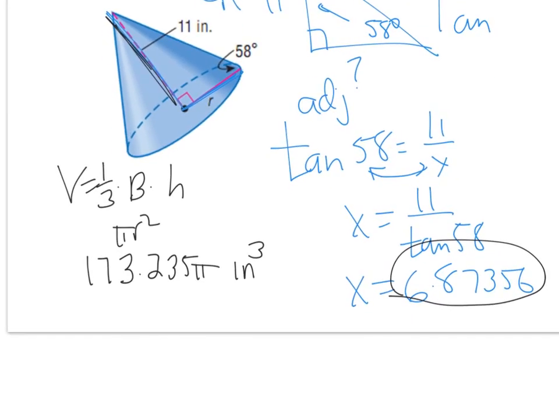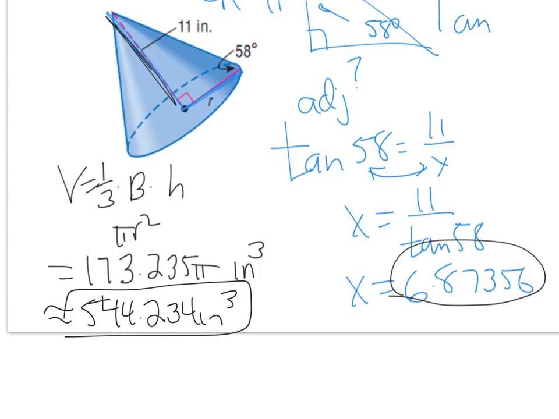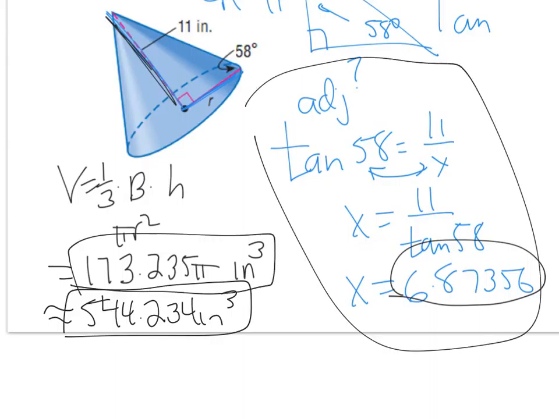So a big ugly mess. Imagine what it's going to be like when I multiply it by pi. So I take 173.235 times pi, and I get 544.234 inches cubed. So that is your volume rounded. There it is, exact. Good review of trig over here. So remembering how to do that.